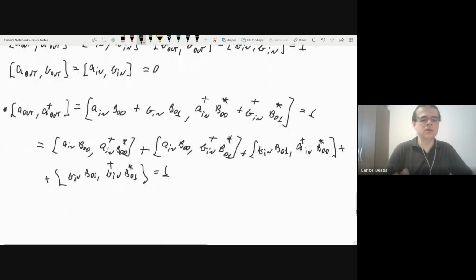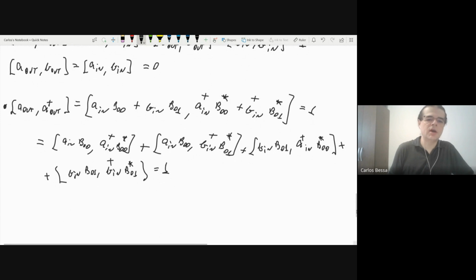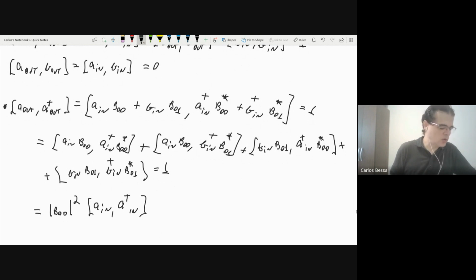But because the cap B's are just numbers, just components, they can go outside the commutator. So this will give me B00 times the commutator of A in, A dagger in, that we already know is 1, right?